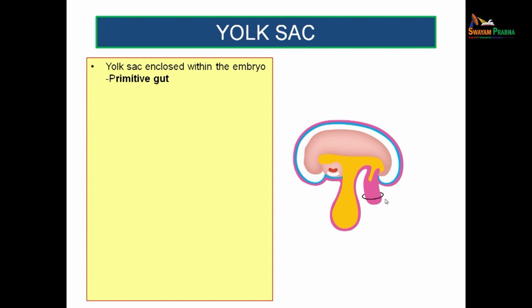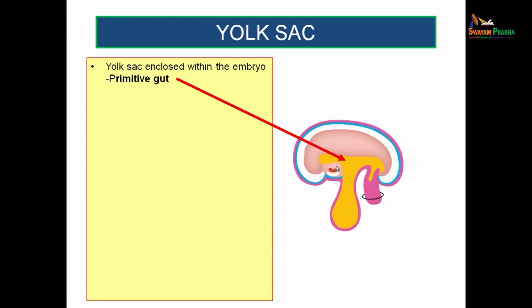Now, we will see about the yolk sac in detail. The entire yolk sac, which was lying below the endoderm, after folding, a part of it will be incorporated into the embryo. Just concentrate on the yellow colored thing: a part of the yolk sac will now be seen inside the embryo.